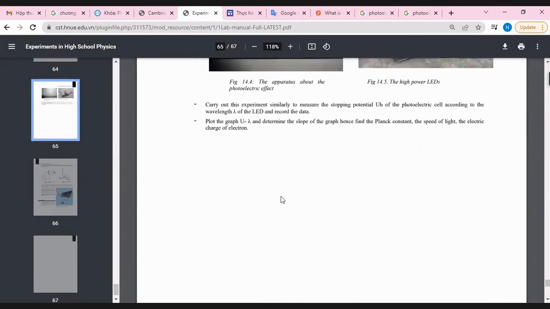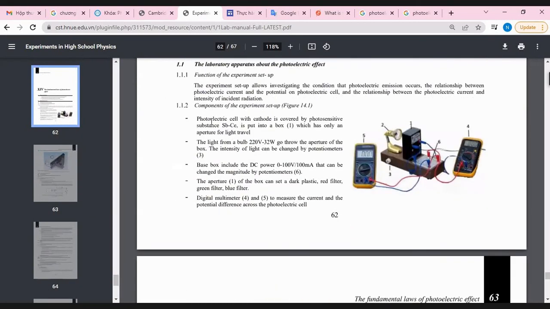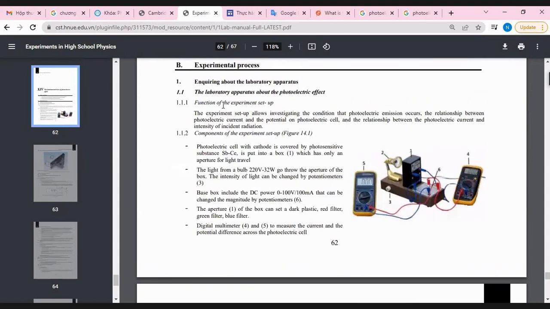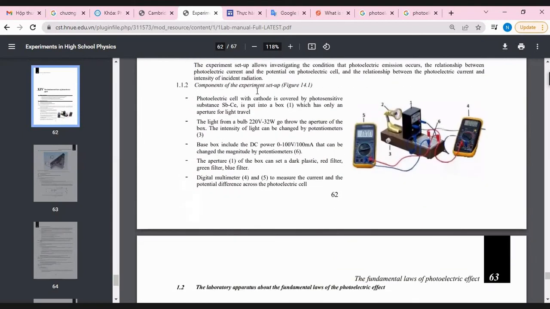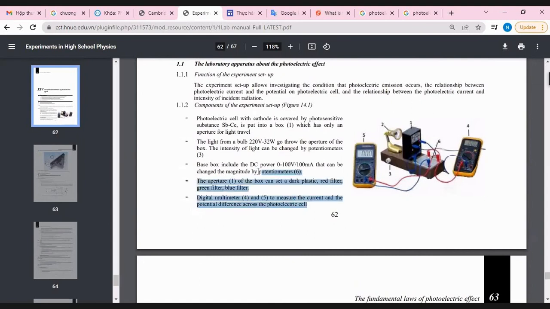You might not need to watch all the video, but you need to read at least the function or objective of the experiment, then the components of the experiment, and note down the words that you do not know before the class.